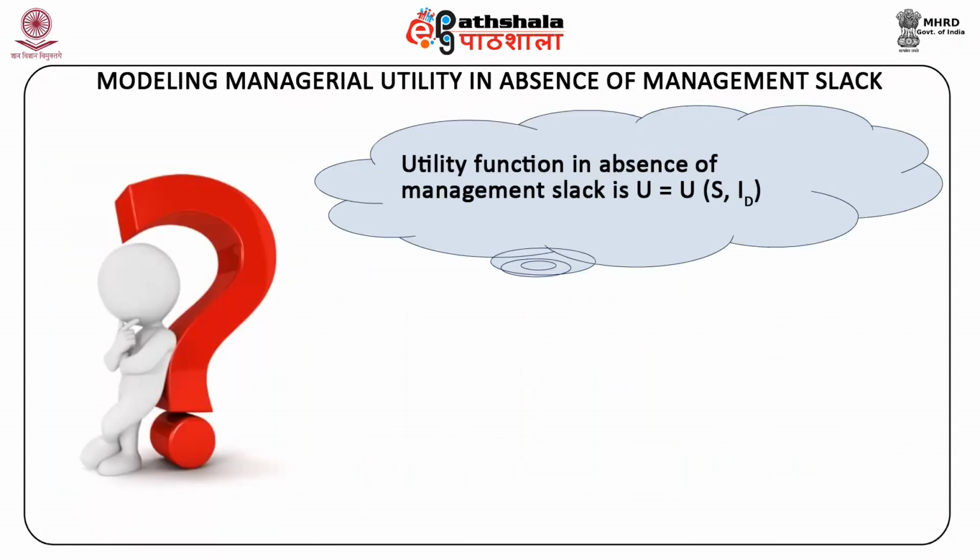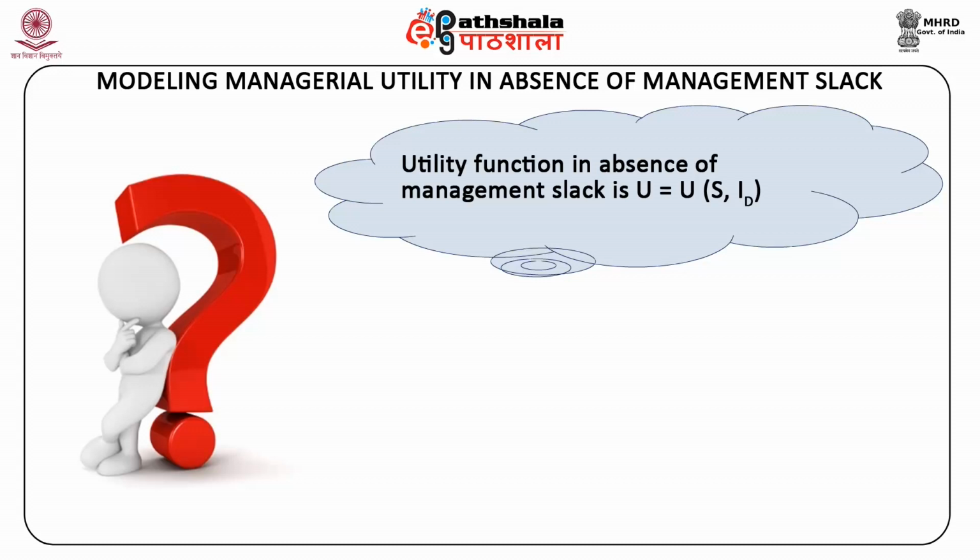Now, the utility function of manager in absence of management slack will be u, a function of s and id, where u is utility function of manager, s is staff expenditure, and id is discretionary investment. According to Williamson, the sum of staff expenditure and discretionary investment remains the same at any point of time, indicating that there is a trade-off between the two.